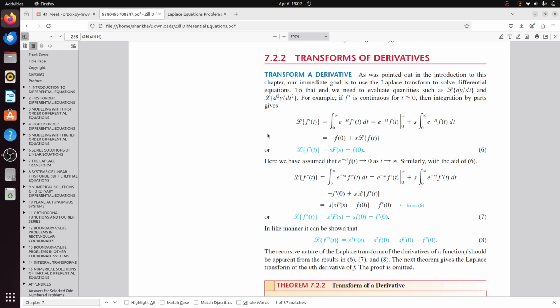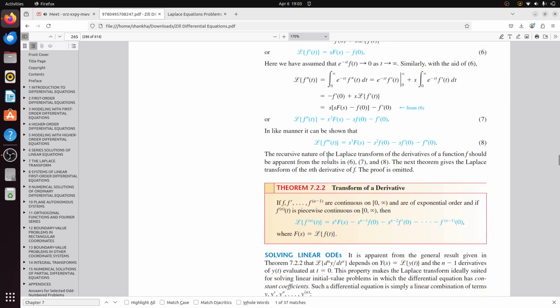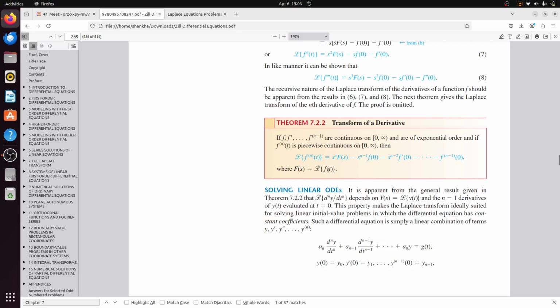Okay, so the first two are very important, the third we will use very rarely. This is the general n degree formula.